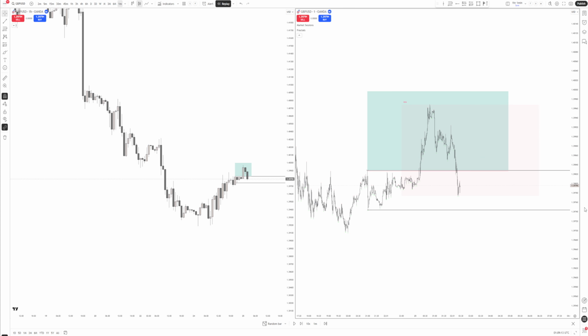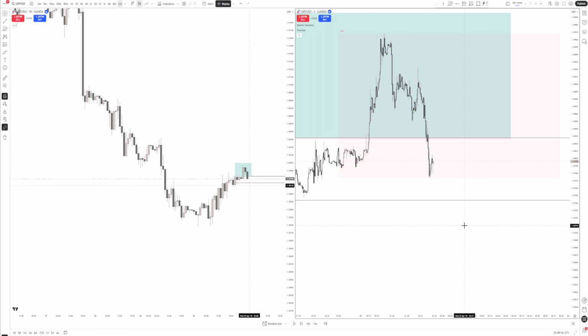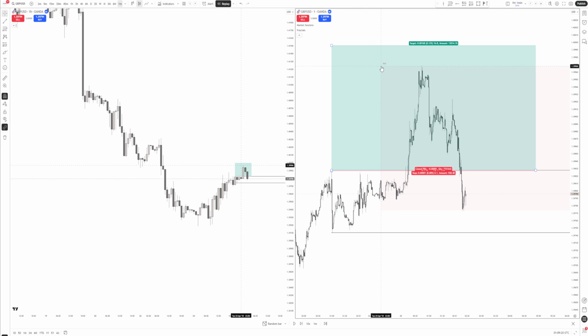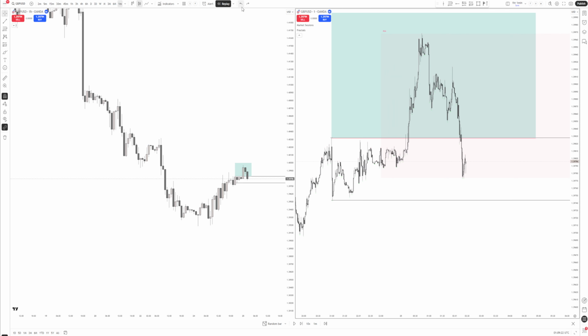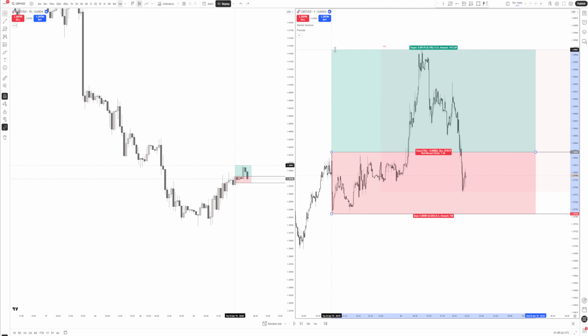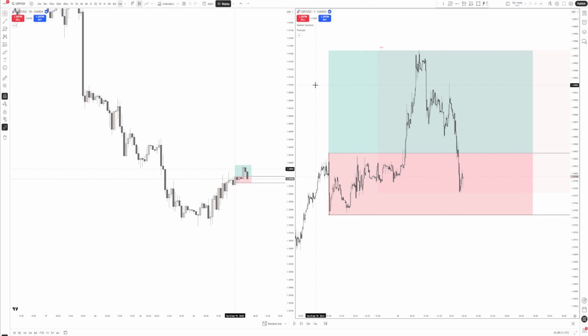Okay, and it stopped us out, but it's a break even trade. It's not too bad. How far did we reach? Let's have a look. Okay, that was 1.65. That wasn't bad at all.